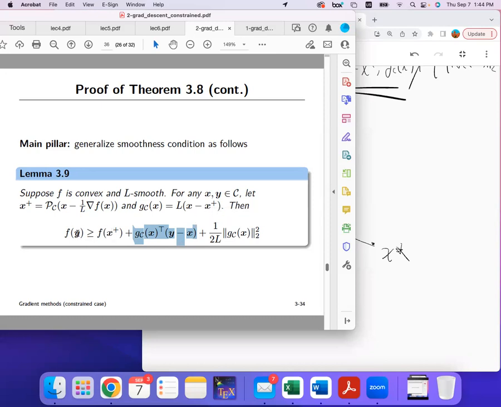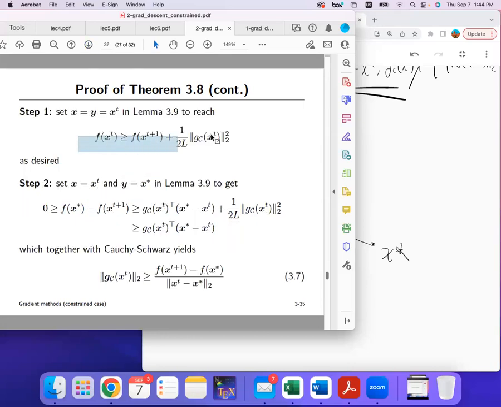Now x plus is simply xt plus 1 because x is xt. So this is simply xt plus 1. And then you have f(xt) bigger than f(xt plus 1) plus this quadratic term. And then you just rearrange the terms. You can get this result. This is exactly what we have in step 1.